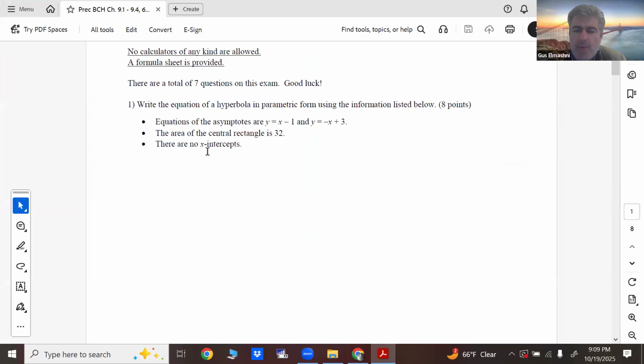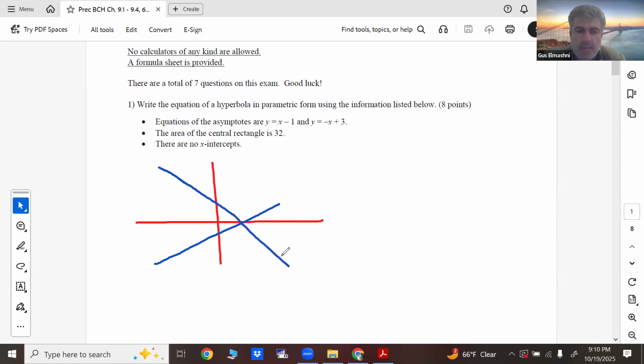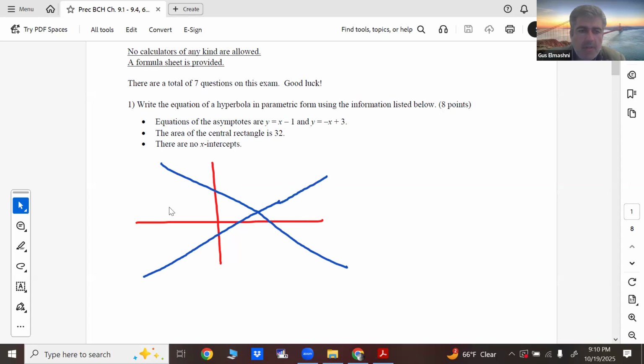So yeah, you have two asymptotes for a hyperbola.